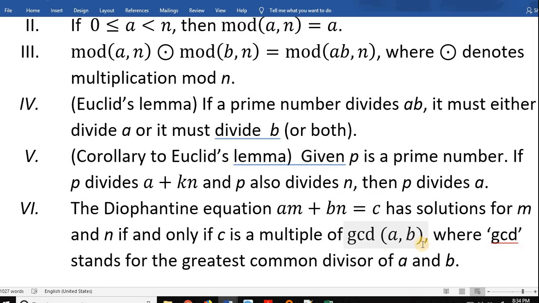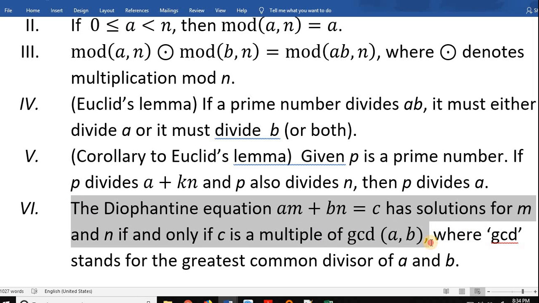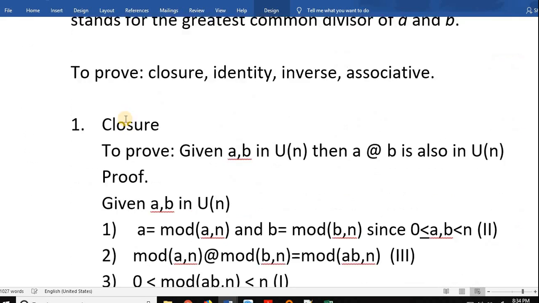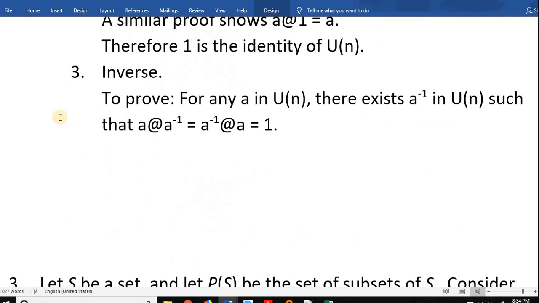Here you have that there's a solution if c is a multiple of the GCD of a and b. Let me just take this down so we have it handy.